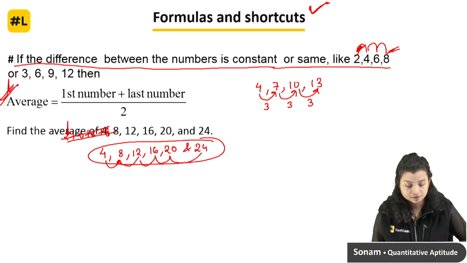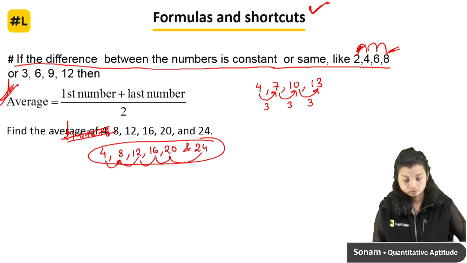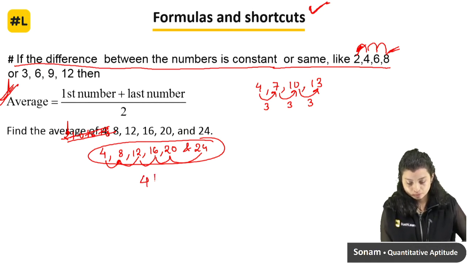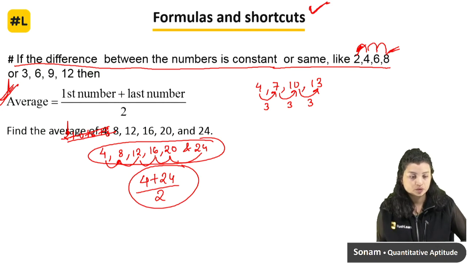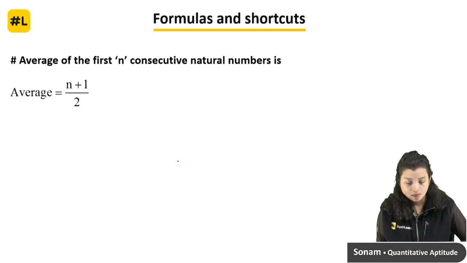So what will be my average? So I'll do 4 plus 24 divided by 2. That's simple, correct? So you don't have to do anything over here. Yeah, correct, Vishaka, your answer is correct. Okay, let's move to the next slide.